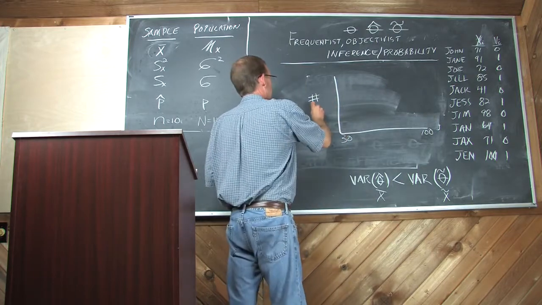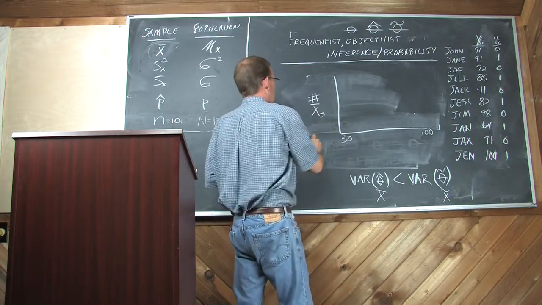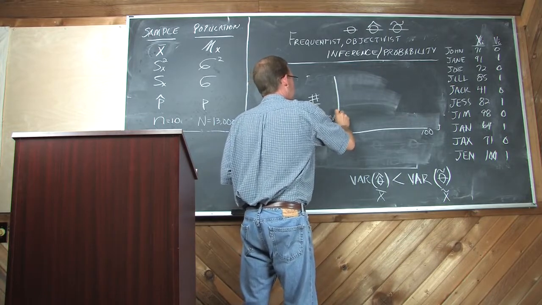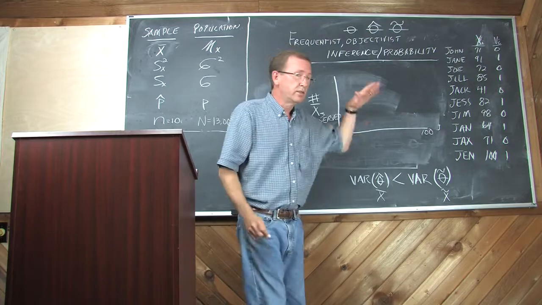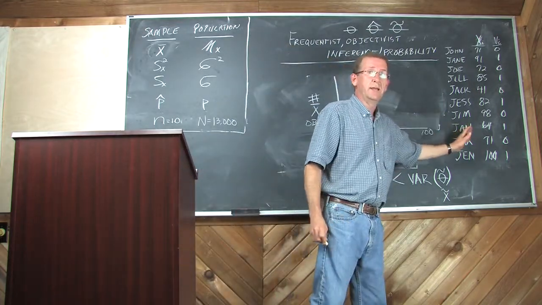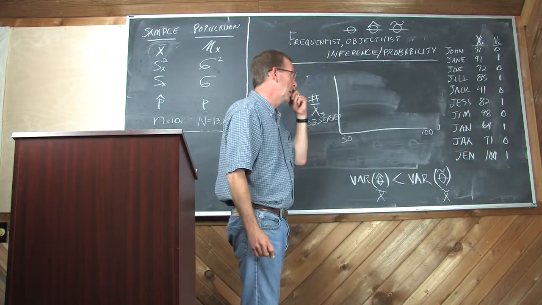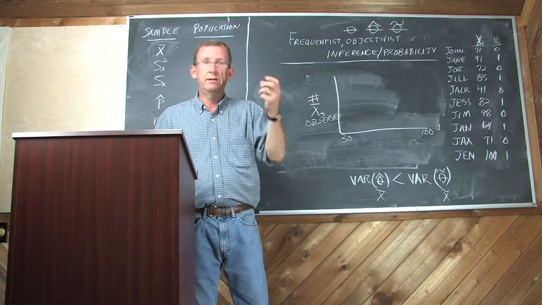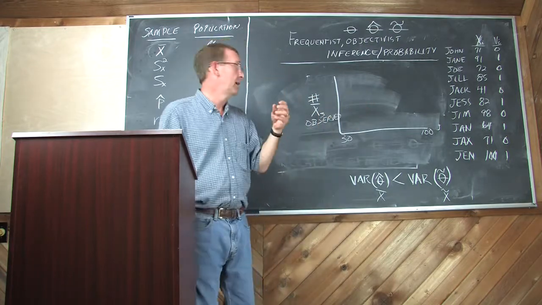observed across 13,000 sample attempts with n equal to 10, small letter n equal to 10, and so we average up our 10s, throw them back, average again, we'll do that.